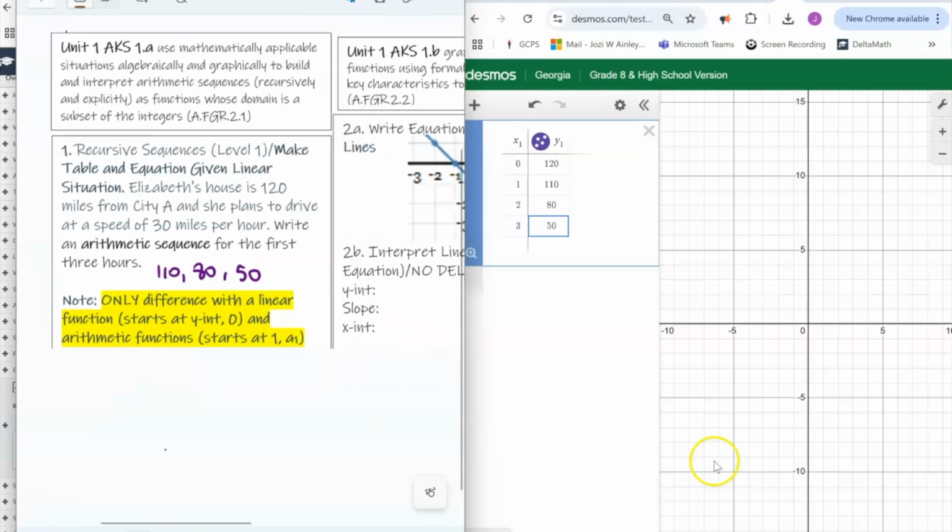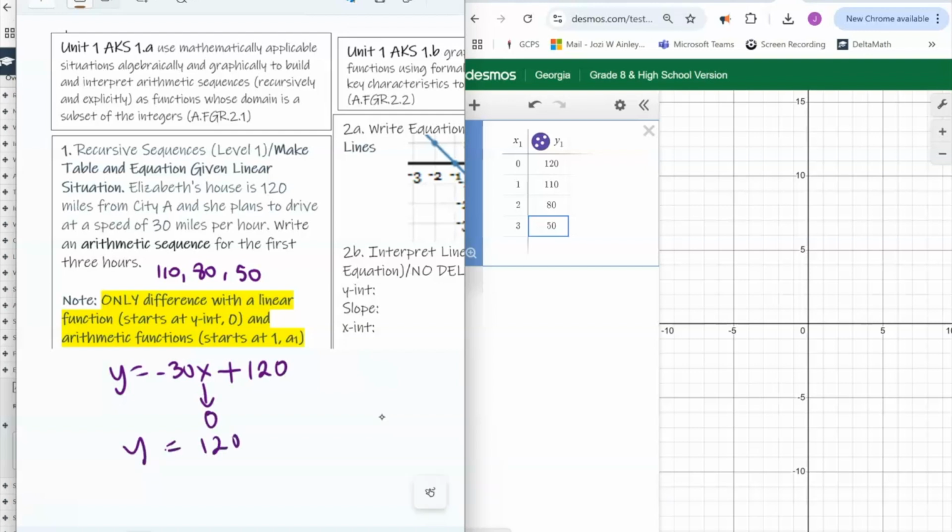However, if I was trying to write a linear function, then I would say y equals my slope, which again is 30 miles an hour, so minus 30 miles an hour, and then we start at 120. At 0 hours, my y-intercept is 120 away. Okay, so that's the difference between arithmetic sequence and linear functions.